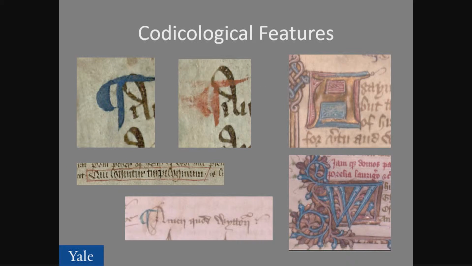The team that's looking at the history of construction of these manuscripts of English texts, they're really interested in codicological features. So they're interested in changes in ink color and in handwriting on these marginal annotations and anything that's unusual. They're also interested in the use of color in things like the initials that you see at the right of the screen.